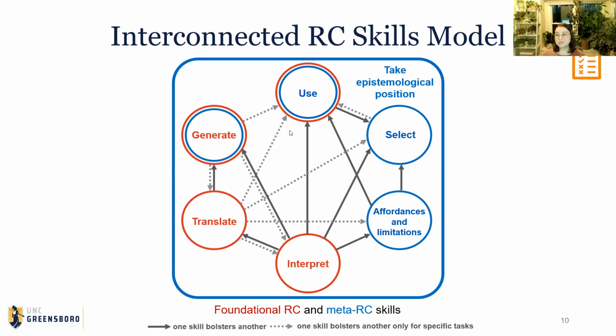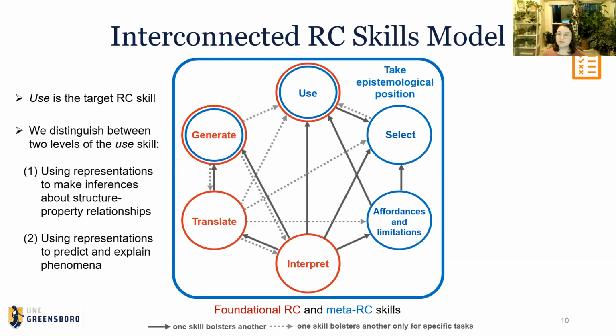As you can see, we're also establishing two levels of the use skill. We are differentiating between the lower level use and higher level use skill. The lower level skill is when we are asked to make a near transfer inference from a representation, such as a simple structure-property inference, right?